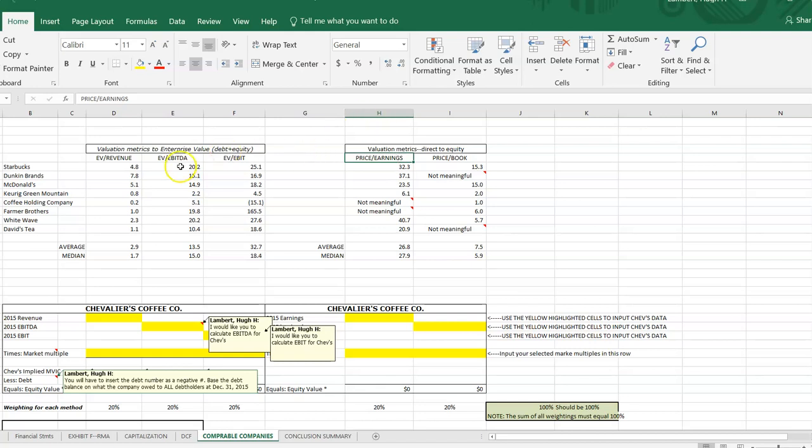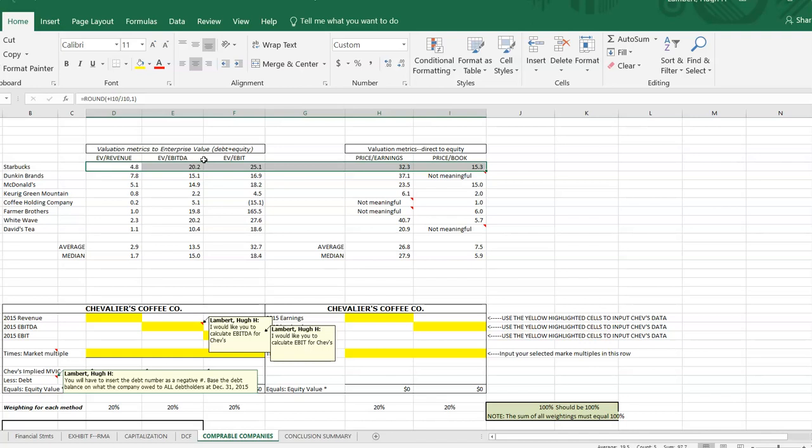So what is happening here is that for each company, like Starbucks, for instance, we can look at the valuation measures by combining the market data plus accounting data. So Starbucks traded at an enterprise value of 4.8 times revenue, meaning we took Starbucks revenue and multiplied it times 4.8.